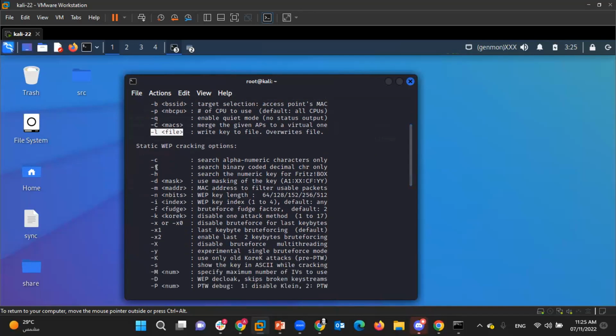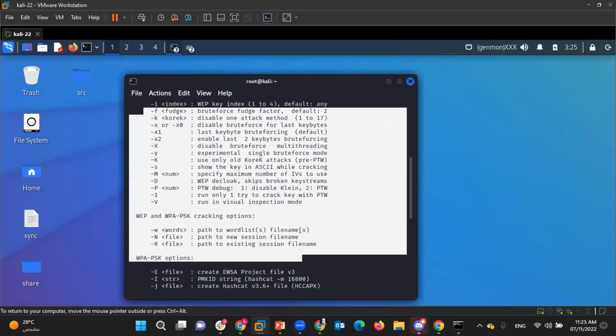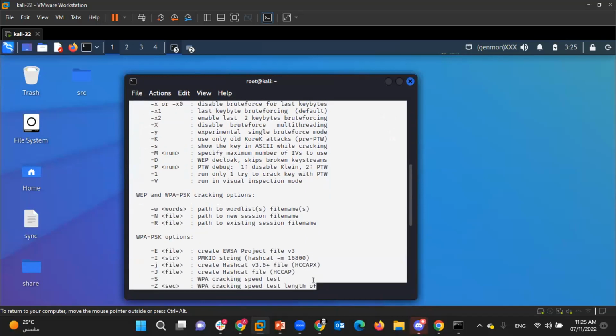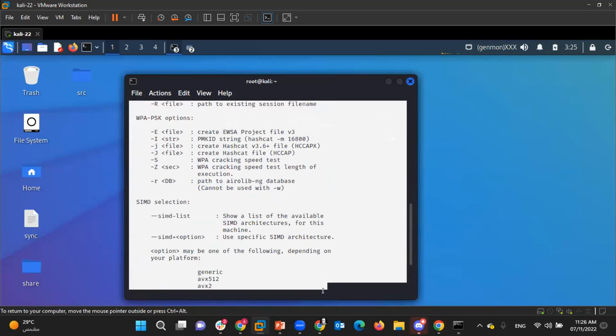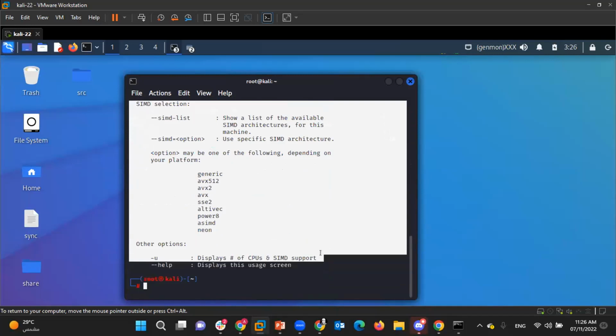There is also the static WEP cracking option, and -c to search the binary coded decimal. This one is to search for a numeric key. Of all these options, we should select the one suitable to crack the wireless network.